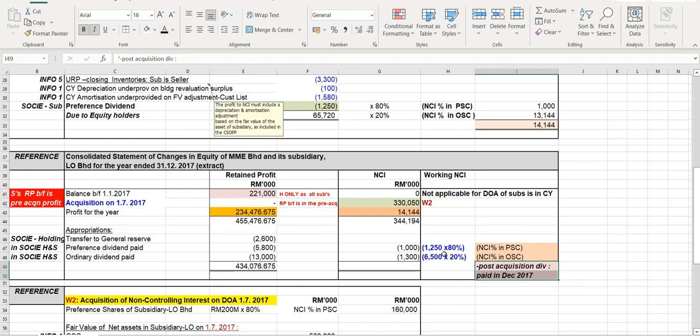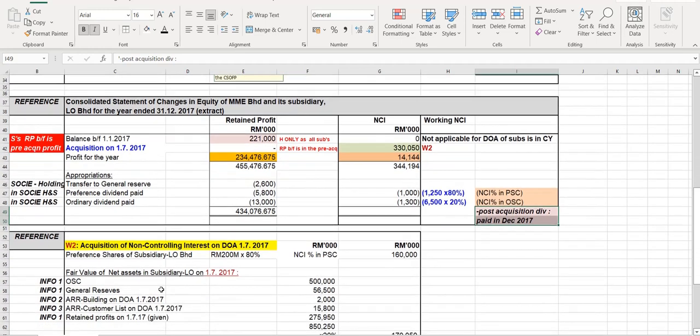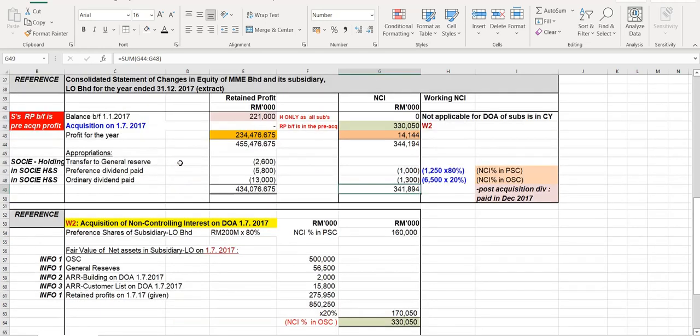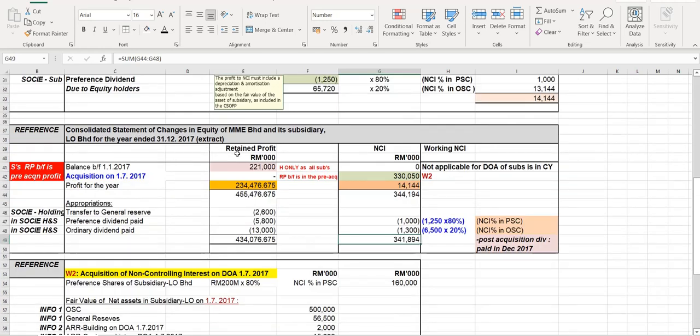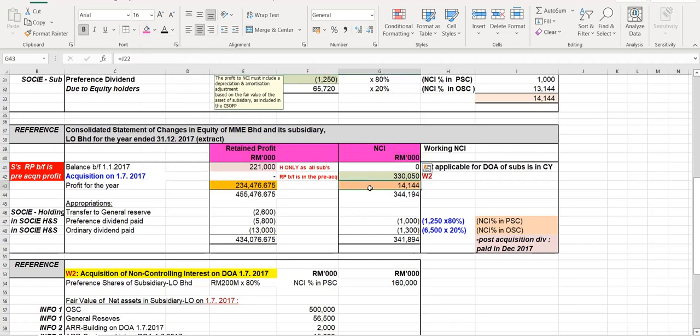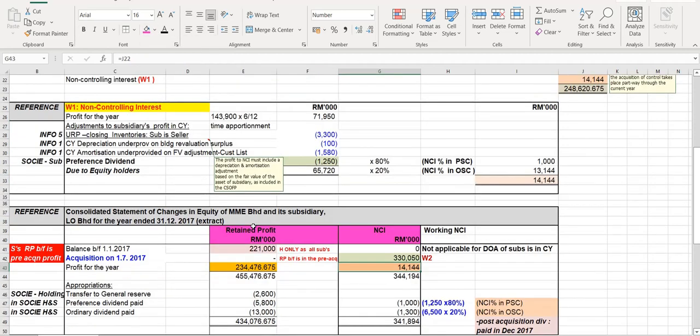That's why the non-controlling interest portion must be reflected as it is. Done with that? We are done. That's the preparation of the consolidated statement of profit or loss, together with the consolidated statement of changes in equity, focusing on the non-controlling interest and the retained profit only.